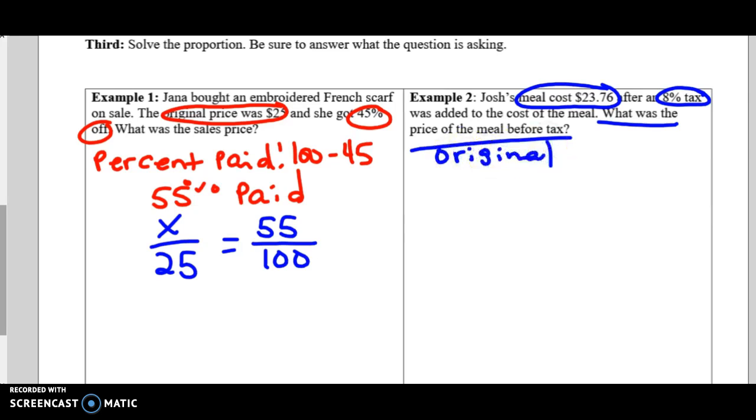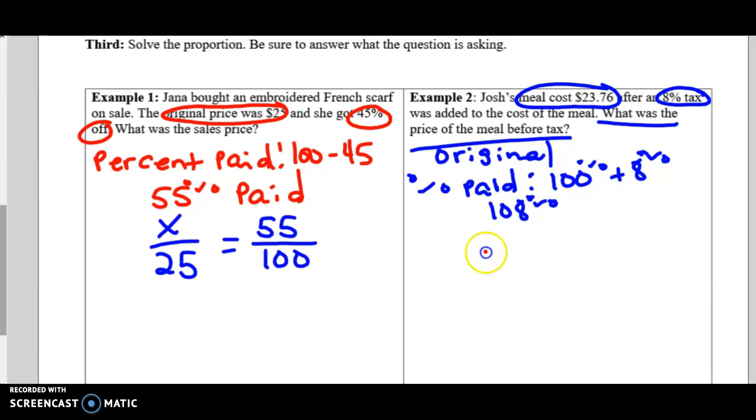To figure out our percent paid, this time because it's tax that adds on to the cost, I'm going to do 100% plus 8%. That means you paid 108% of the original cost. Now let's set up our proportion.